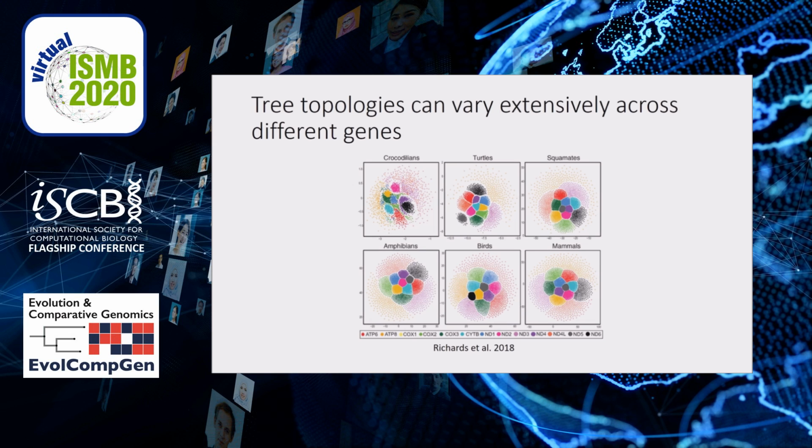For example, Richards et al. 2018 found that even physically linked mitochondrial genes undergoing no recombination can produce entirely different phylogenies even when using the same sequence evolution models. Given this striking variation, it has become imperative to explore, quantify, and understand the nature of gene tree variation as it relates to our current understanding of phylogenomics.